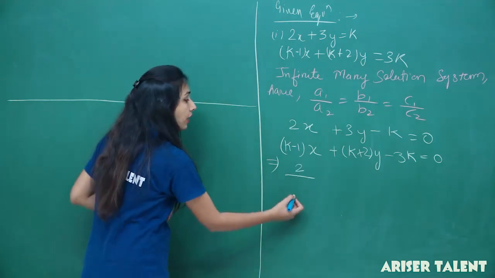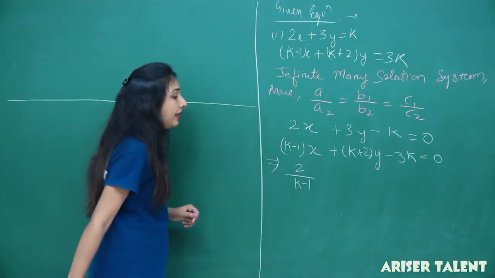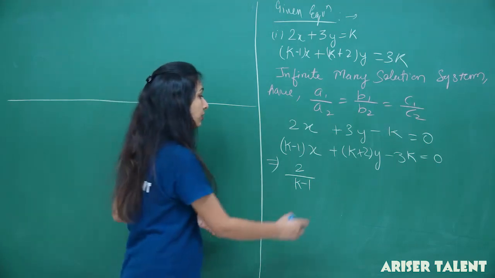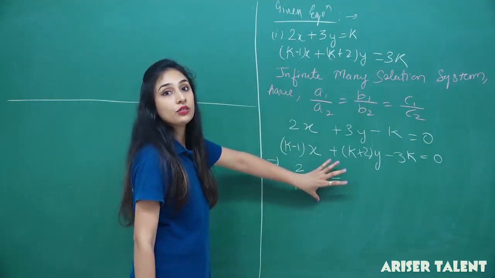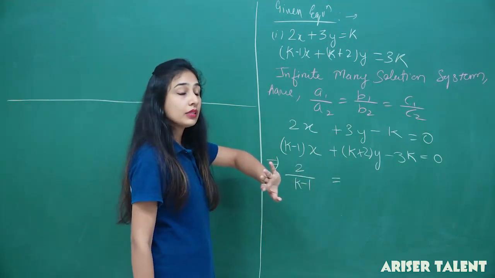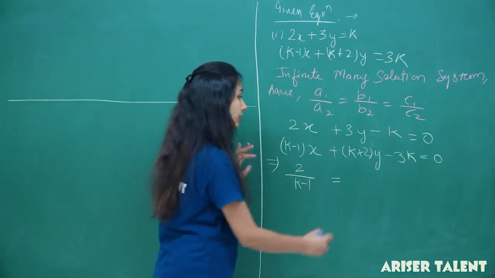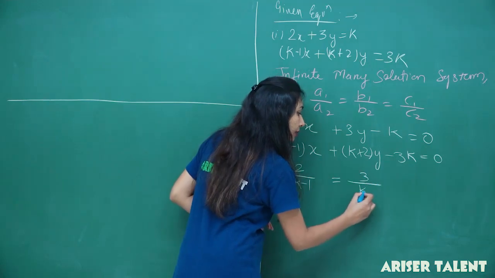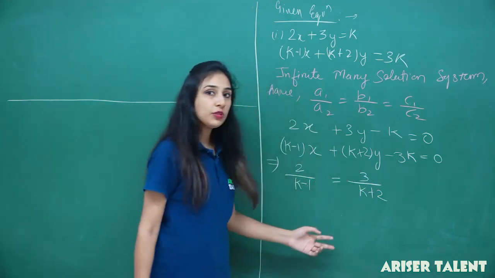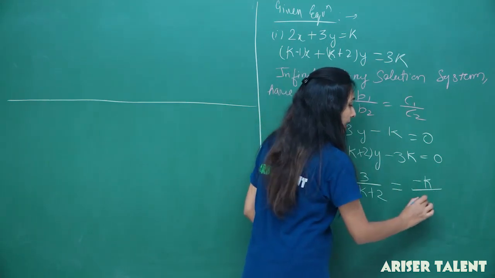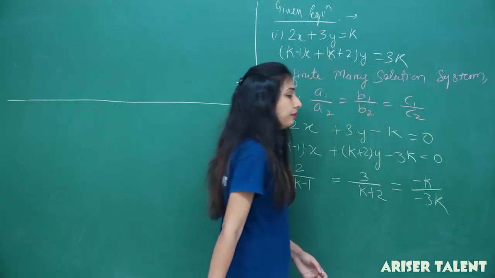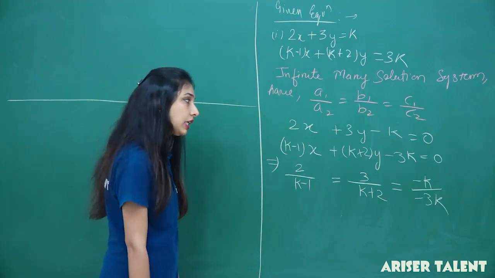Now 2 by (k plus 1) should equal, since there are infinitely many solutions, this condition applies here, 3 by (k plus 2), that is B1 by B2, which should equal C1 by C2, which is minus k by minus 3k.